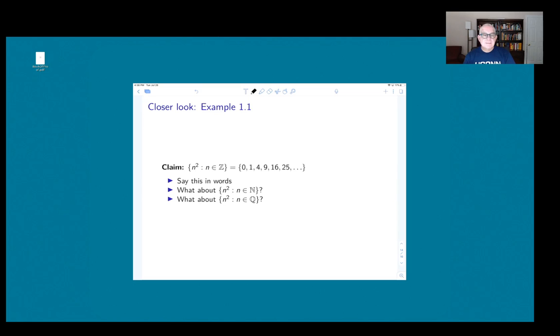So let's look at this. This is example 1.1, and I'm calling this a claim. A claim is something that you're supposed to decide if it's true or false. So claim means I am saying it's true.